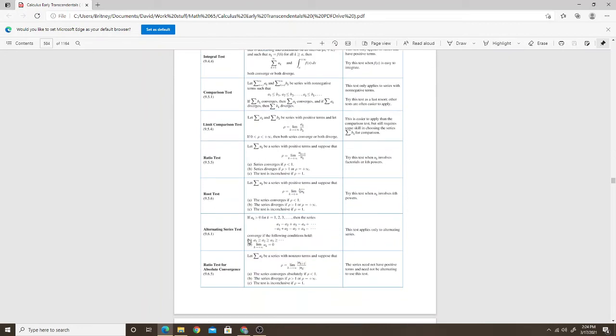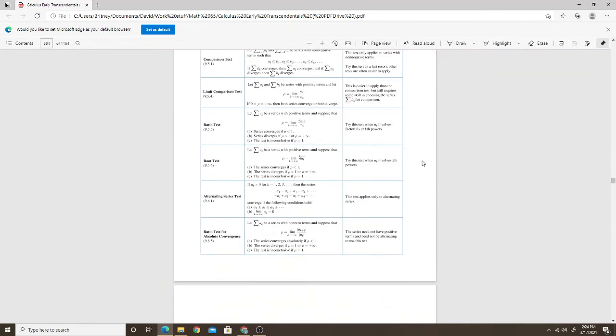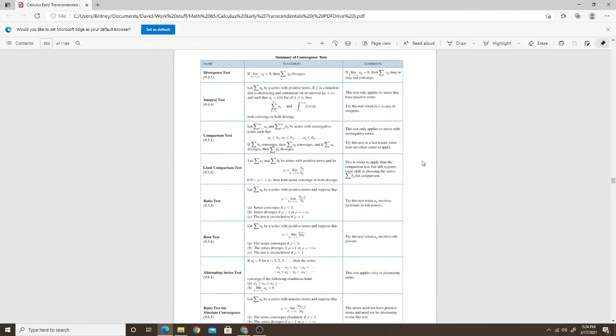Like the alternating series test only applies to alternating series, so don't do this on series that aren't alternating. Or the ratio test: try this when the terms involve factorials or kth powers, right? I think this is a really good chart. Again, this is page 560 of your textbook. And that's all I'm going to say.